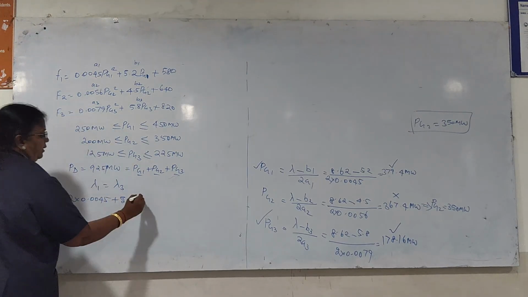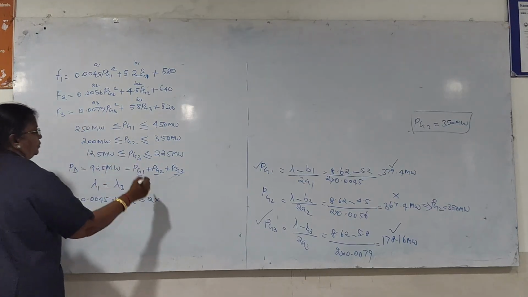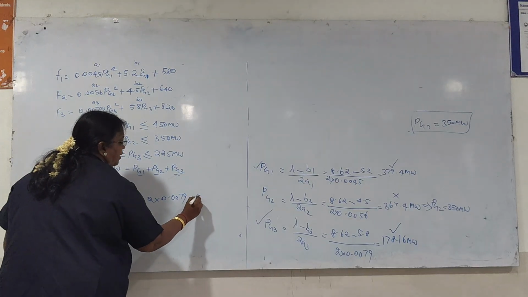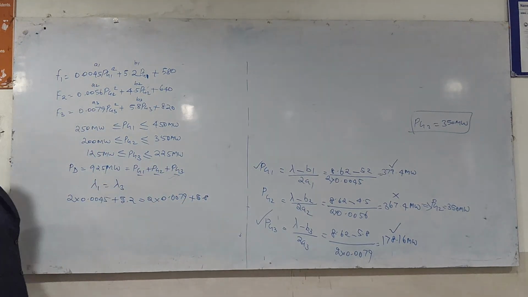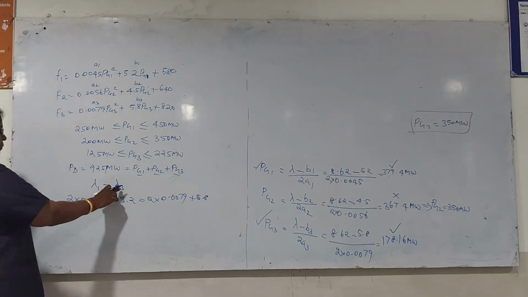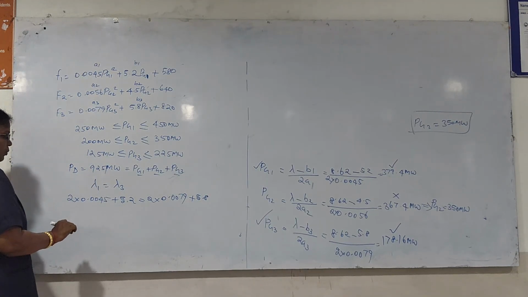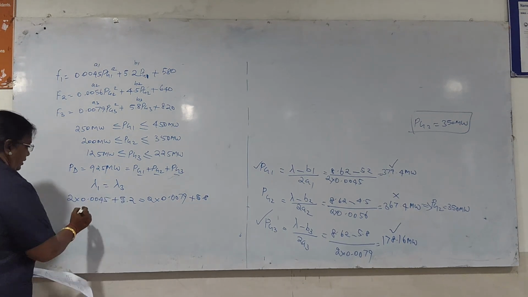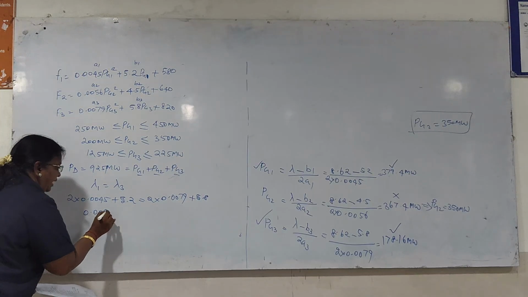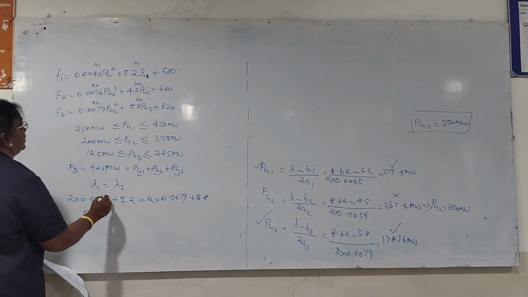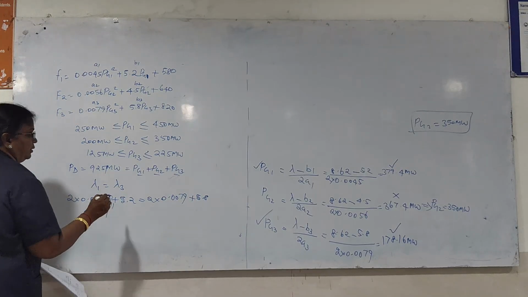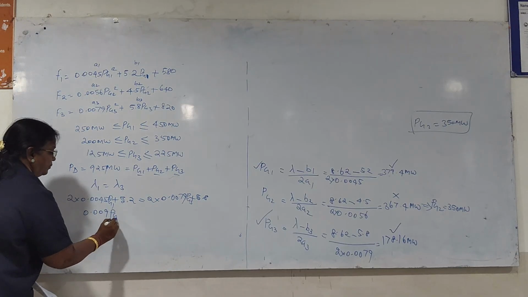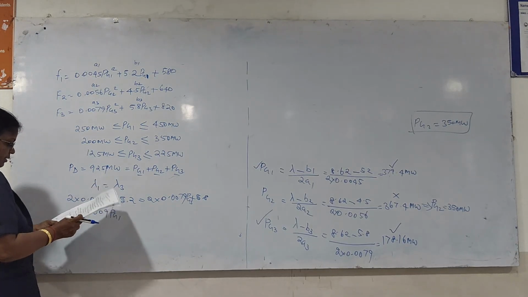For lambda 3, 2 into 0.0079 plus 5.8. Lambda 1 is equal to lambda 3. So you have to simplify this equation. If you do so, then you get 0.009 PG1, plus 5.2, which is equal to 0.0158 PG3 plus 5.8.